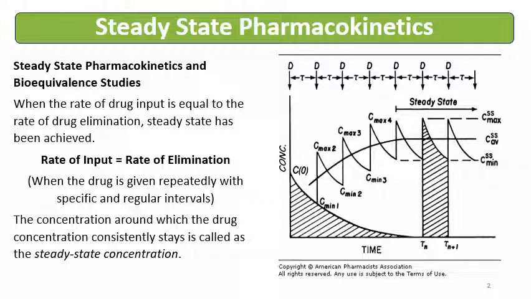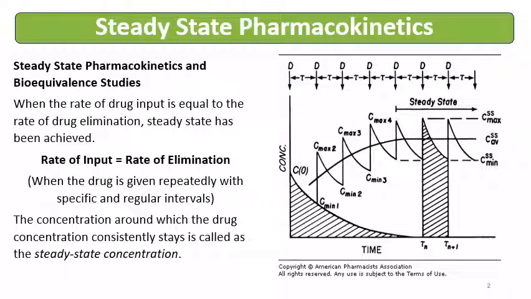When the drug is given repeatedly at specific and regular intervals with a specific defined dose, then the steady state is achieved. Also, in generalized language, you can consider that the dose is equal to the plasma concentration.